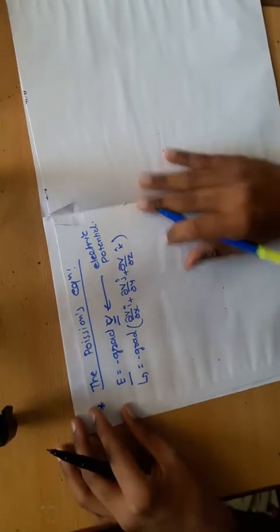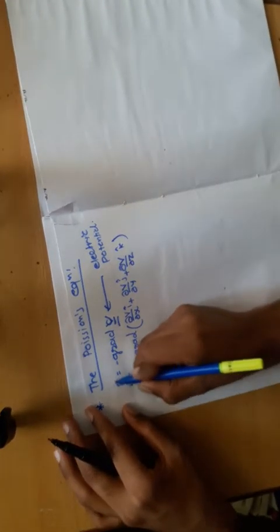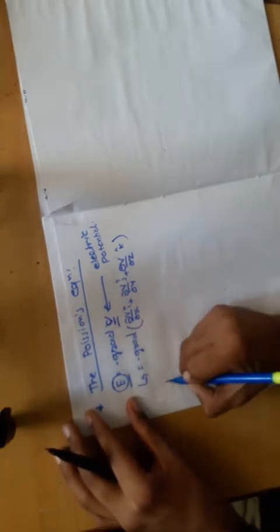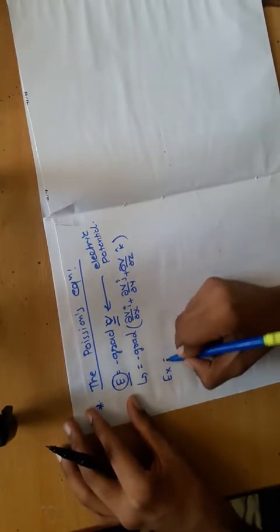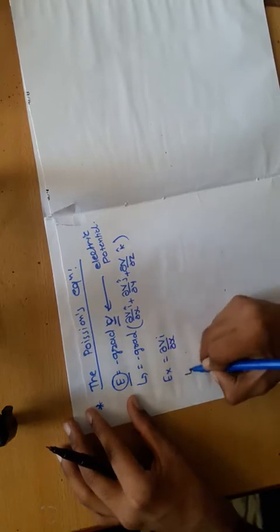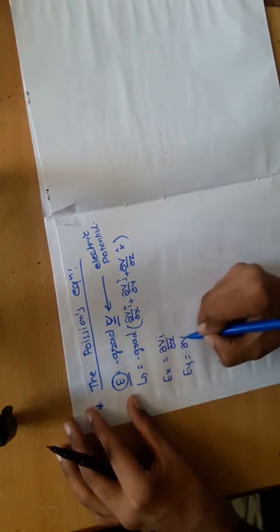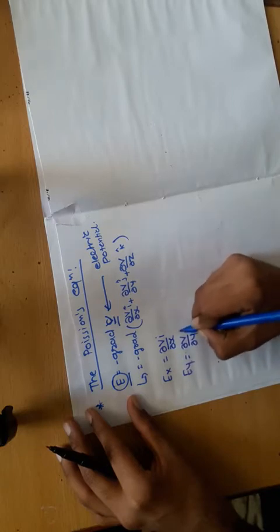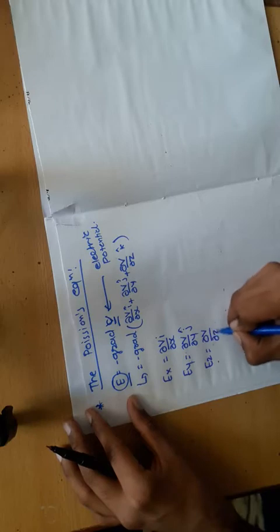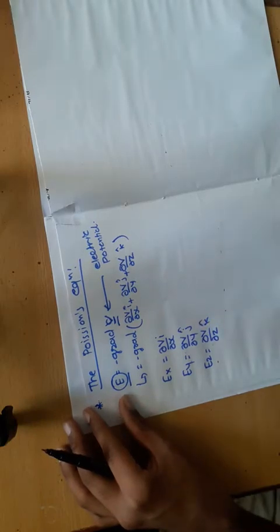Okay, so now from this equation I can say that the X component of the electric field, Ex, is del V upon del x, the Y component is del V upon del y into j cap, and Ez is del V upon del z into k cap.